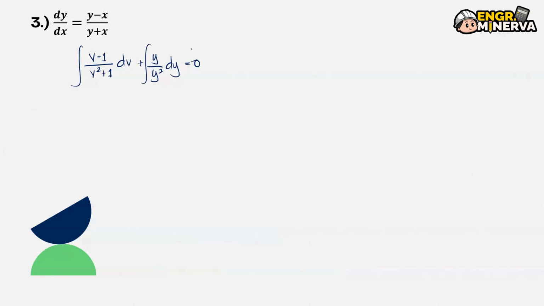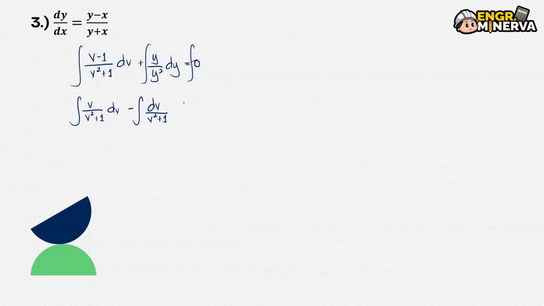Integrate. We could regroup the following. Okay. That would be v over v squared plus 1. So again, I separated your v here so that later on, I can use your ln. Then minus dv over v squared plus 1.